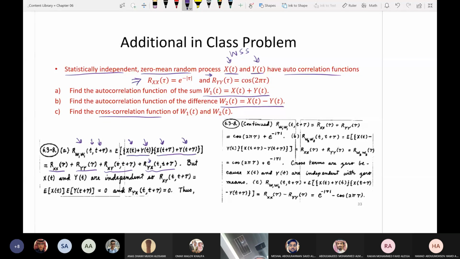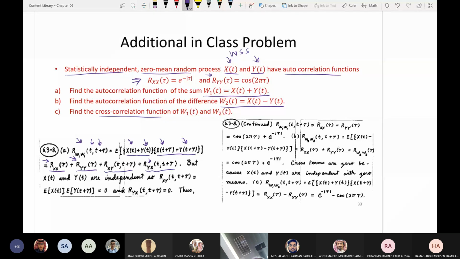But I know that I have the first function given and the second function given. What I don't have is a cross correlation function. Do I know it?